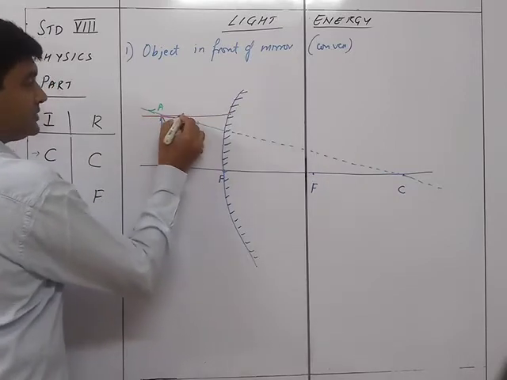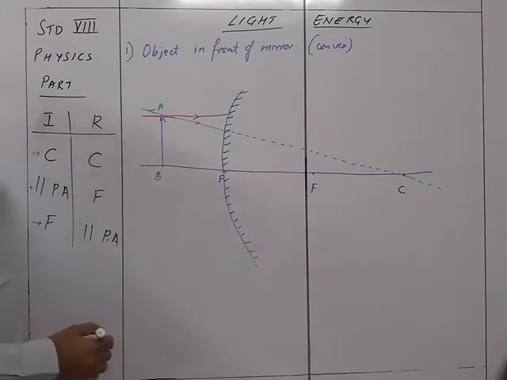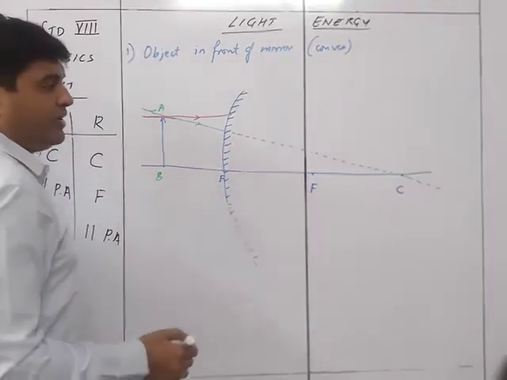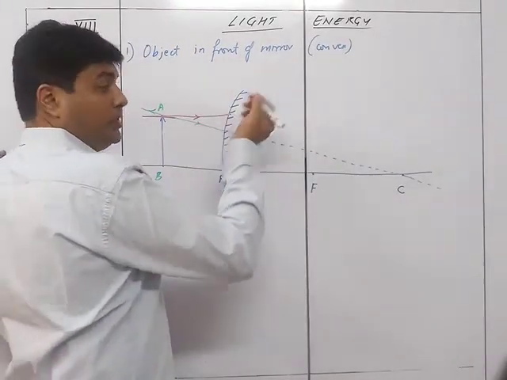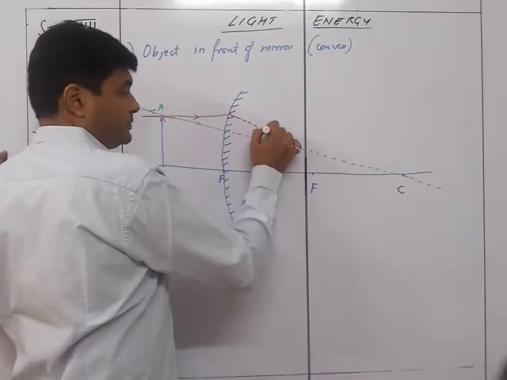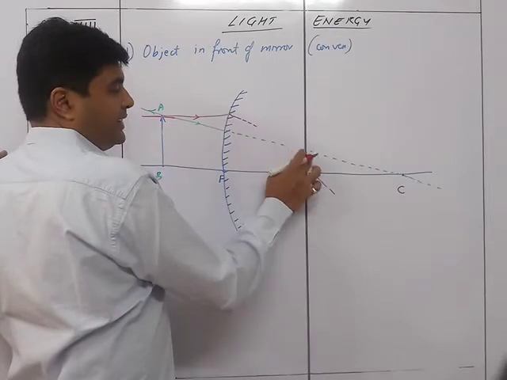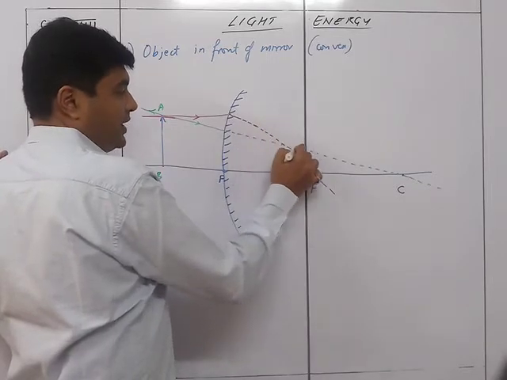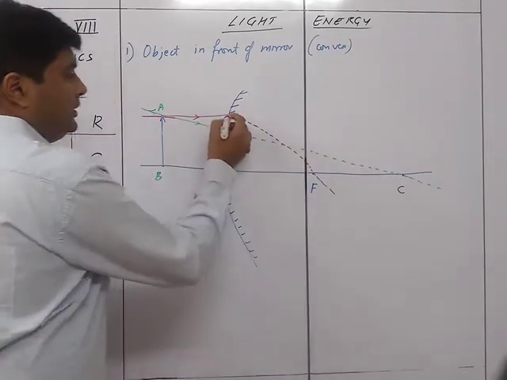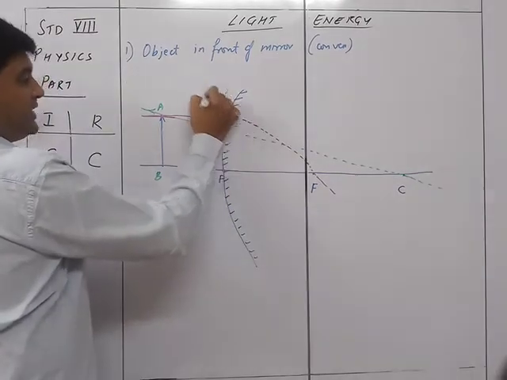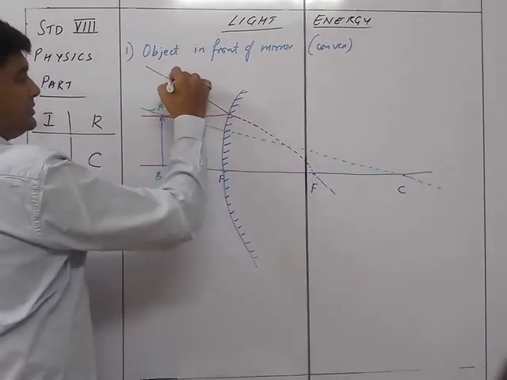What happens to the line parallel to principal axis? We have a dotted line. We assume it to pass through focus. And when you assume that it is passing through focus, you know that after reflection, it is going to go like this.